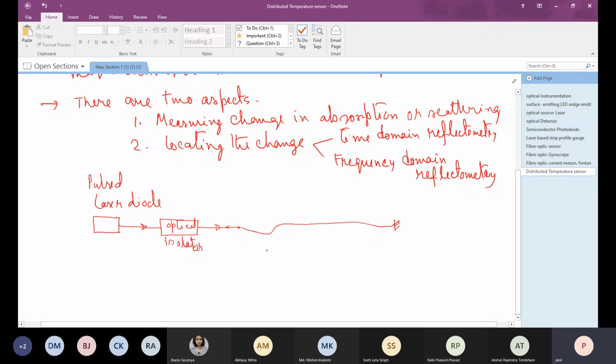Now this is the sensing fiber. And then we have a directional coupler here.